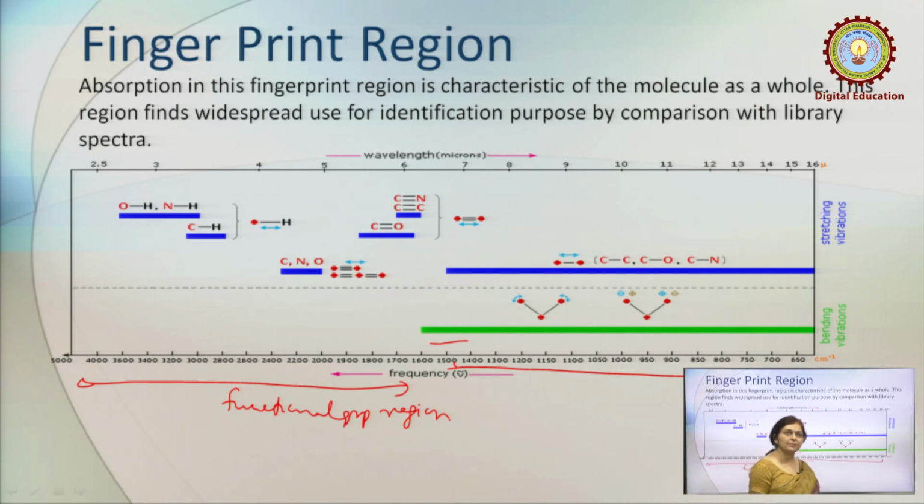Absorption in this fingerprint region is characteristic of the molecule as a whole. This region finds widespread use for identification by comparison with library spectra.